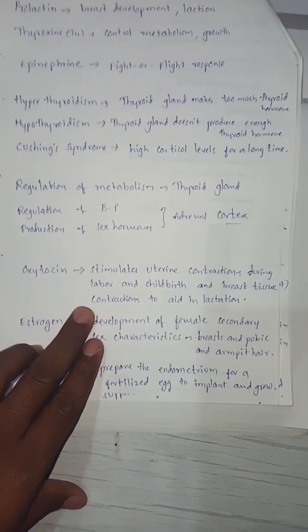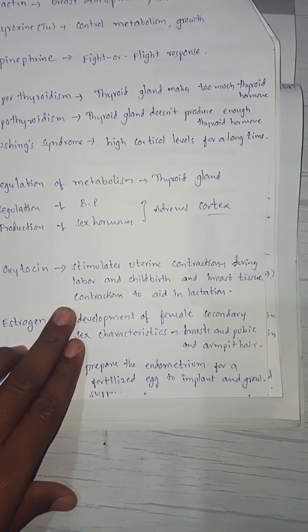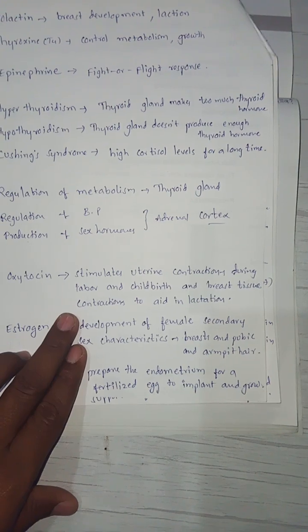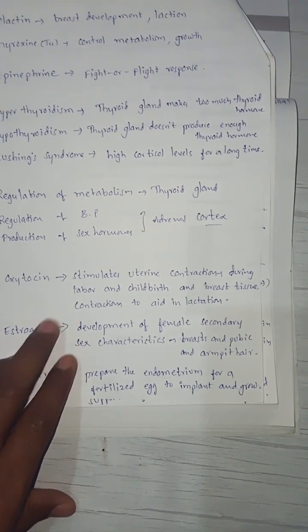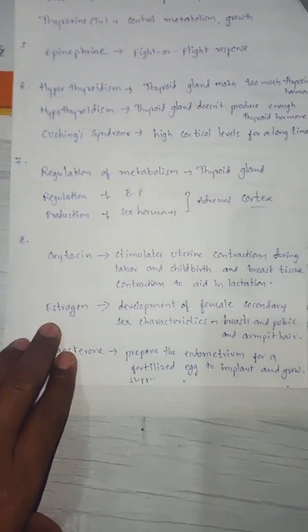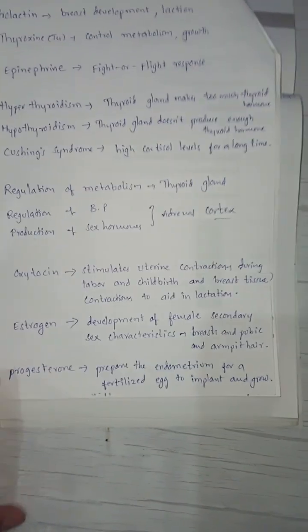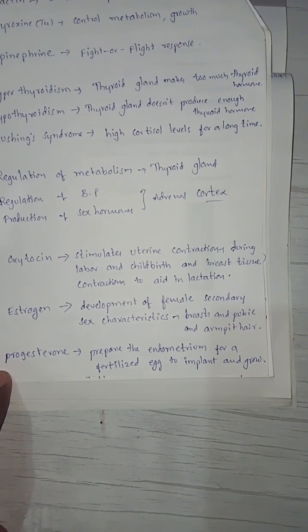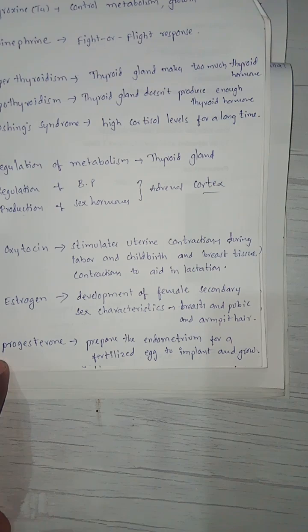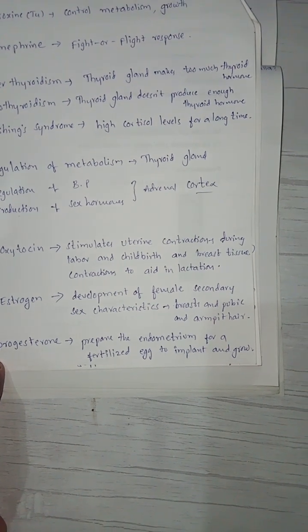And coming to the next options, oxytocin. The function of oxytocin is to stimulate uterine contractions during labor and childbirth, and breast tissue contraction to aid in lactation. Okay, and coming to estrogen, it drives development of female secondary sex characteristics like breast development and pubic and armpit hair growth.